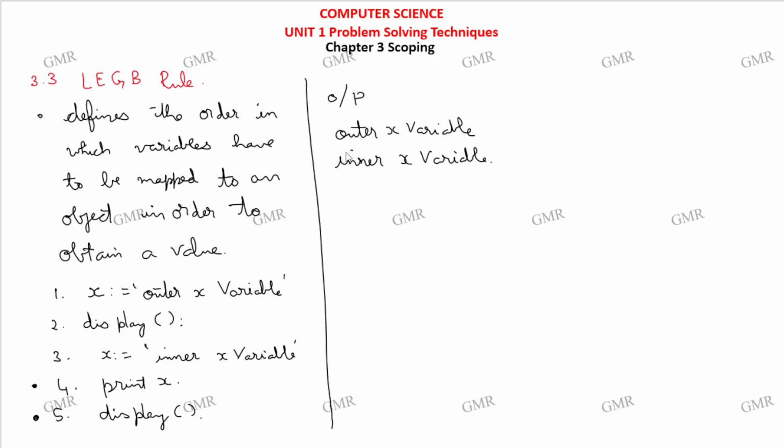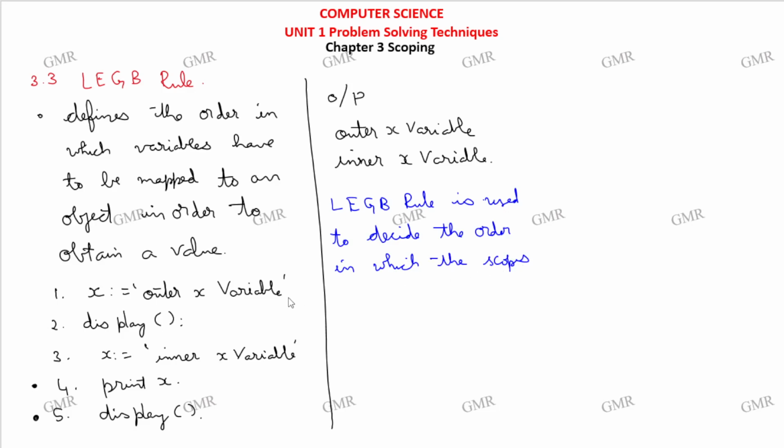So the LEGB rule is used to define the order in which the scopes have to be searched for scope resolution.